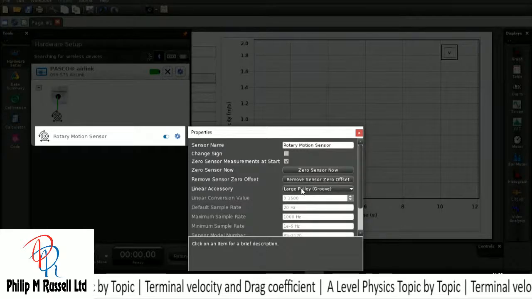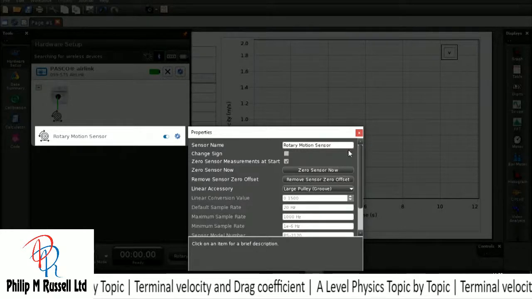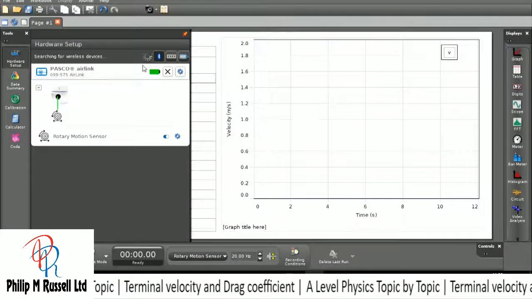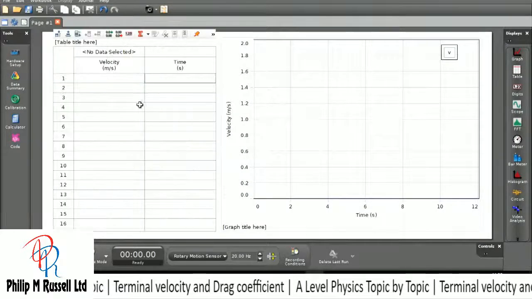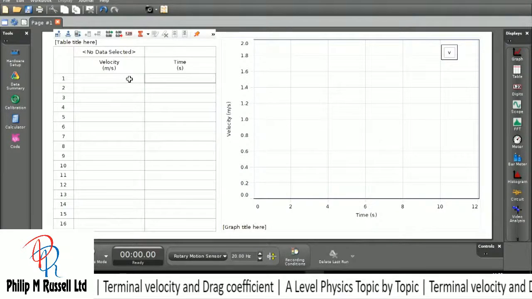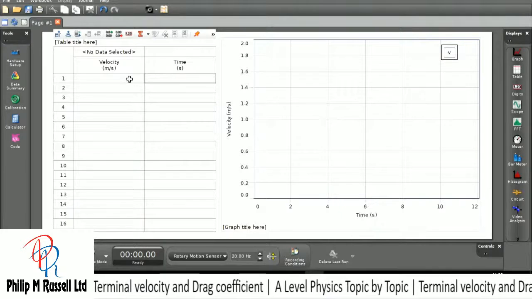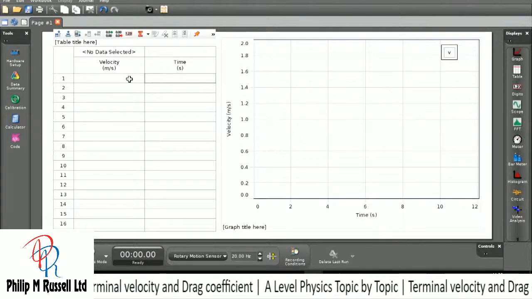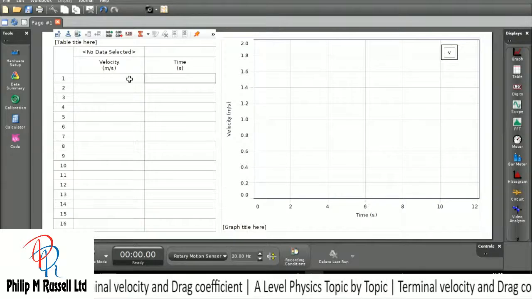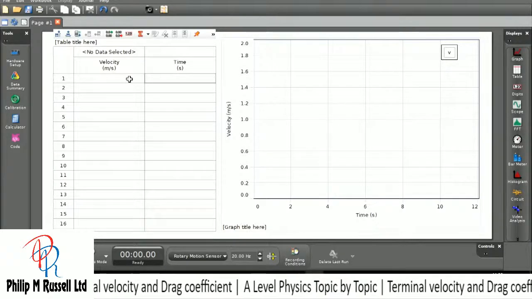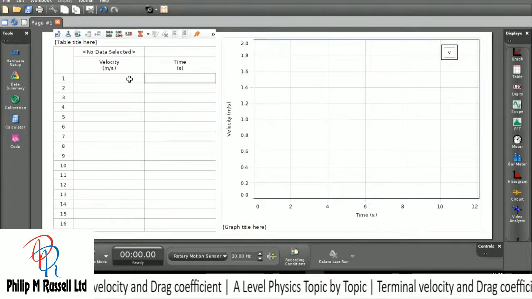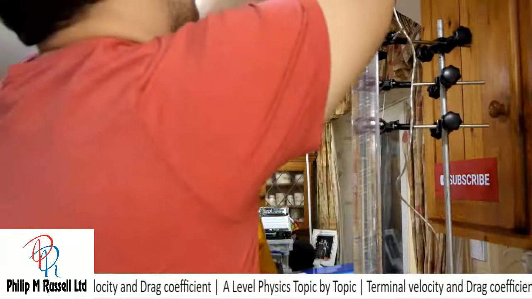So we're going to use the large pulley. So I'm going to change the setup in a minute and let go. No, we're not. I am. I'm going to get my little boy to come and change this onto the large pulley for me.